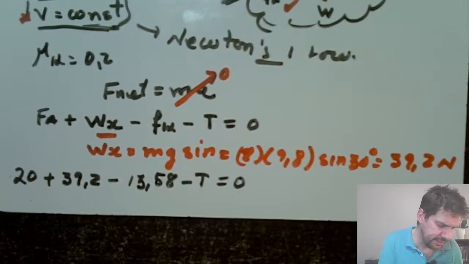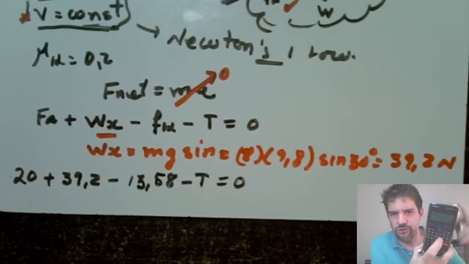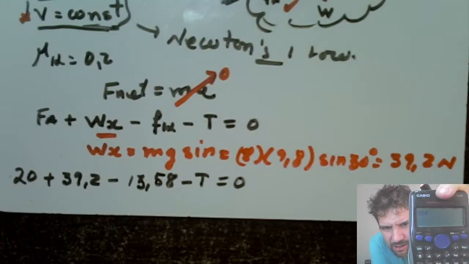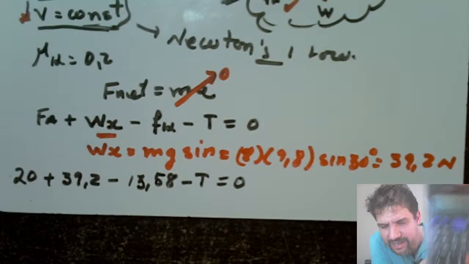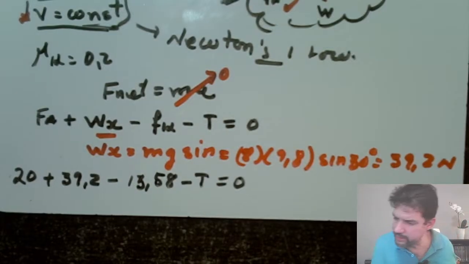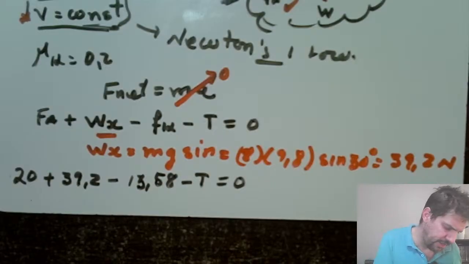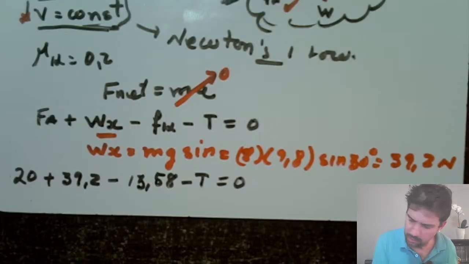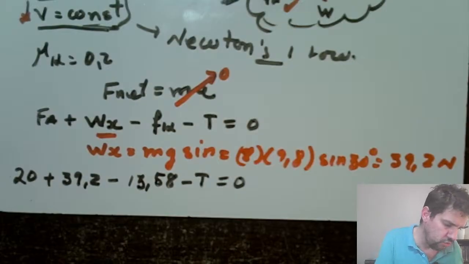So it's 20 plus, I almost wrote minus. Like I said plus, and then I wrote the minus there. So 20 plus 39.2 minus 13.58, that is equal to 45.62.